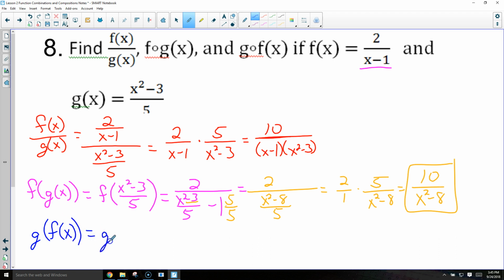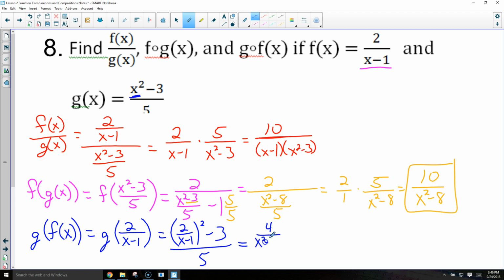So that's going to take g of 2 over x minus 1. So I need to take 2 over x minus 1, square it, because it's x squared, minus 3 all over 5. Squaring that fraction would give me 4 over, and I need to take x minus 1 times x minus 1.